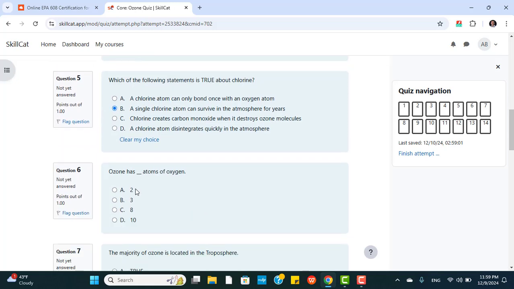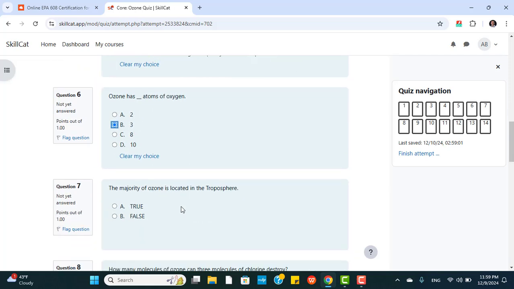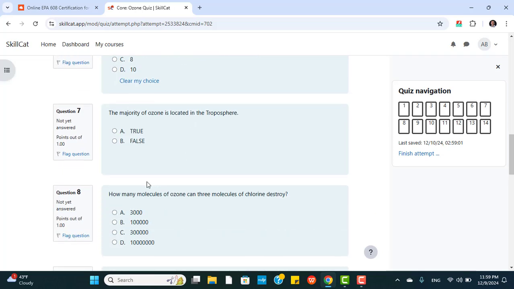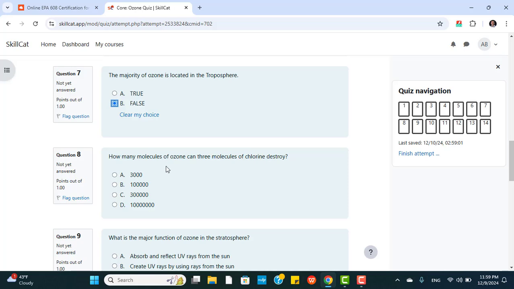Ozone has 3 atoms of oxygen. The majority of ozone is located in the troposphere. False.